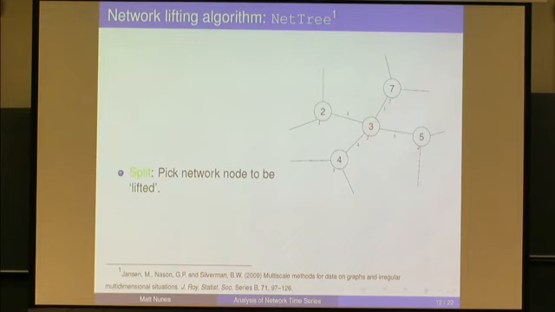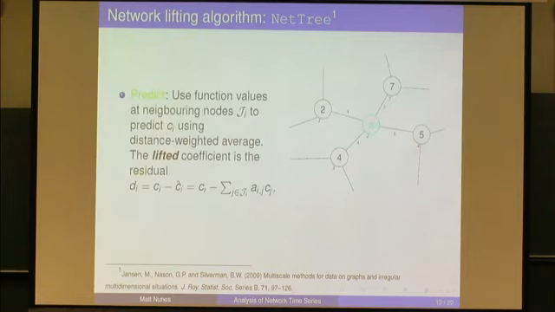So we pick a node and then use the surrounding values on the network to predict the one that you're lifting. We do this by taking a linear combination of these function values according to the weights on the edges.